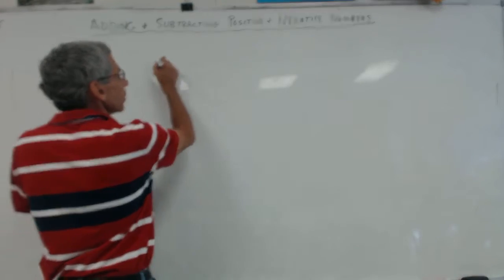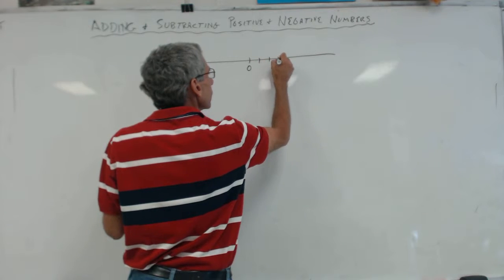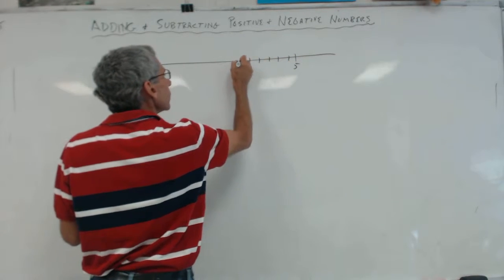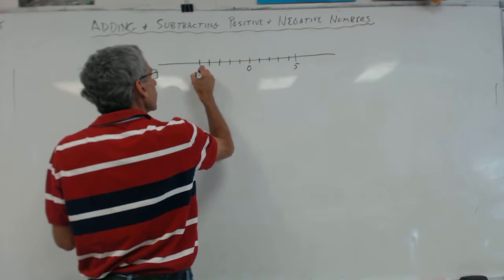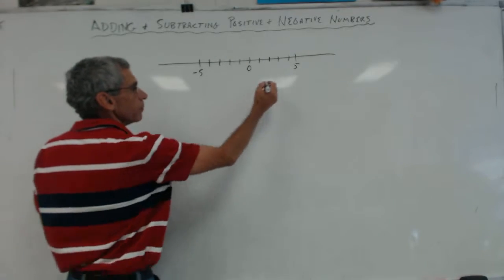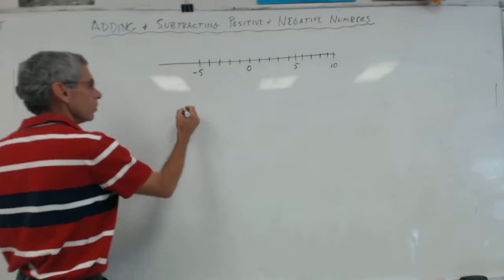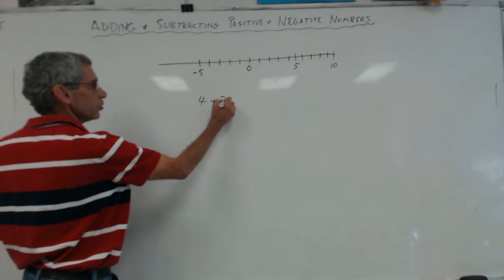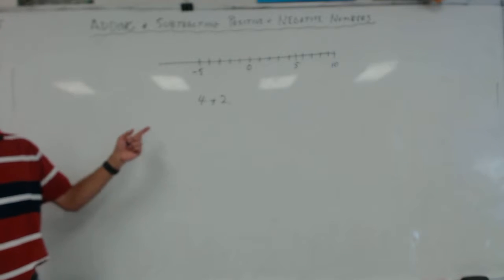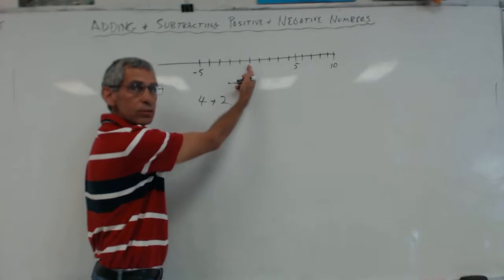So as you guys know, we got a number line. And it's really quite simple. If I have 4 plus 2, I know you know the answer, right? But with a number line, you start at 0.